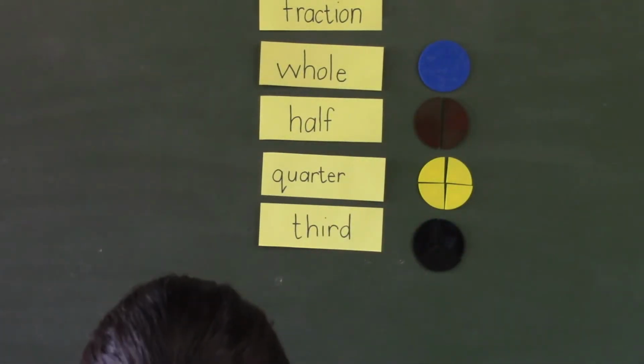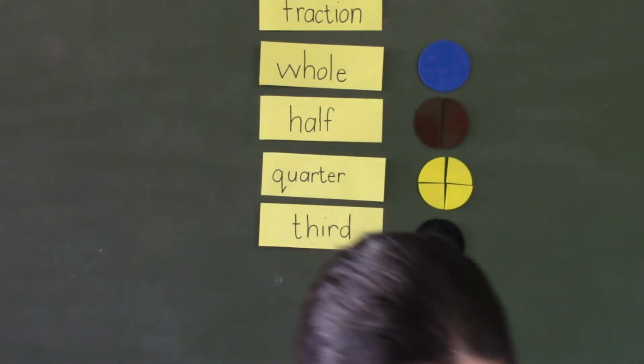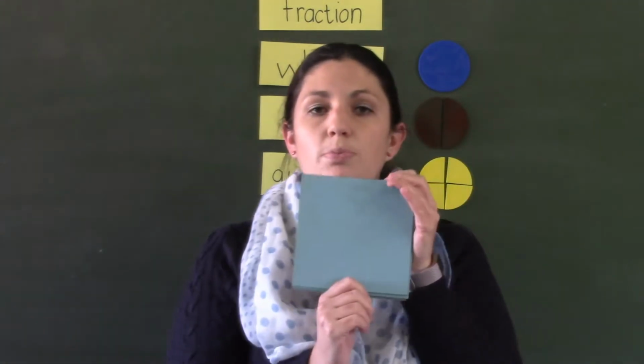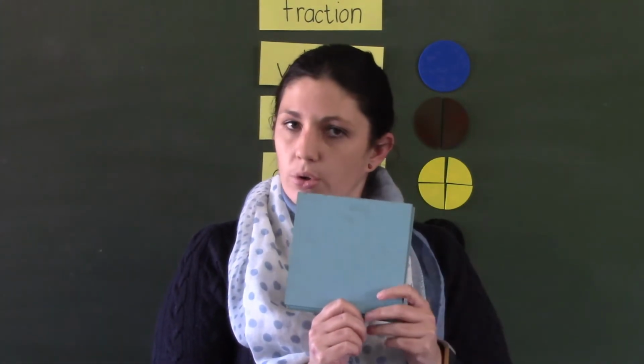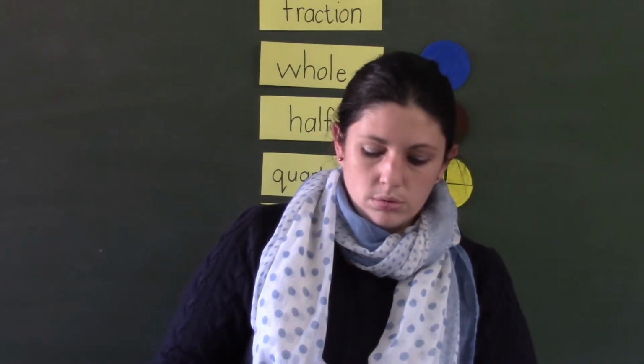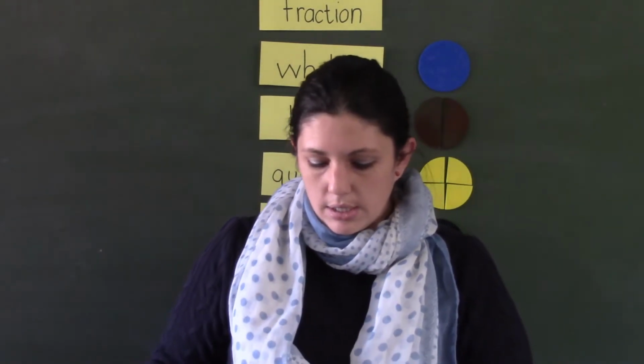Okay, now if I take that square and I cut it into 4 equal pieces, what is each piece called? You're right, a quarter. And I need 4 quarters to make up 1 whole. Let me hold these nicely for you.